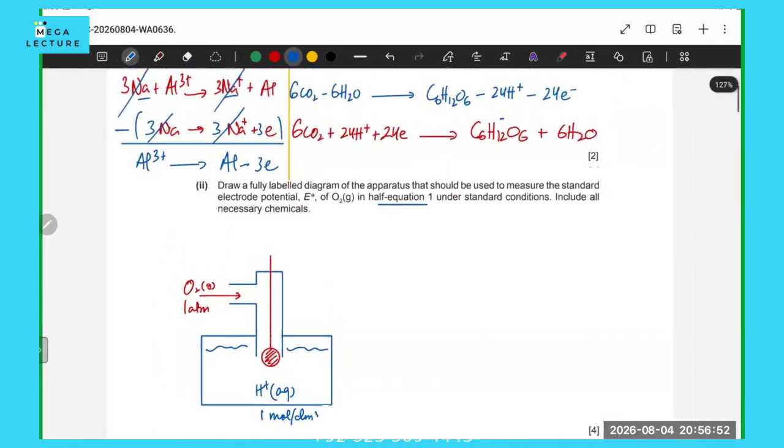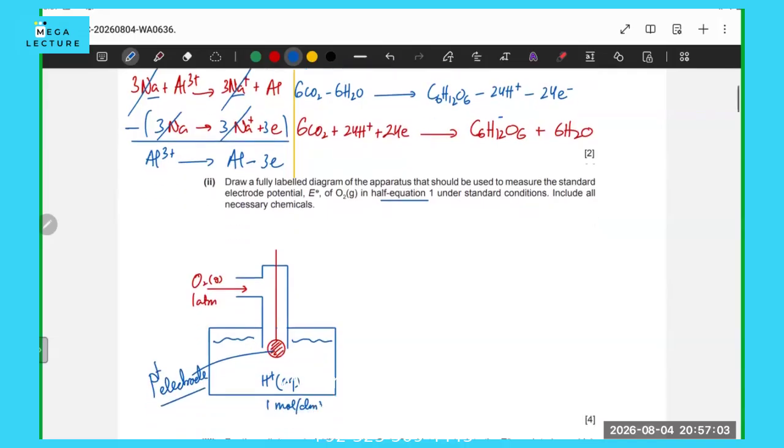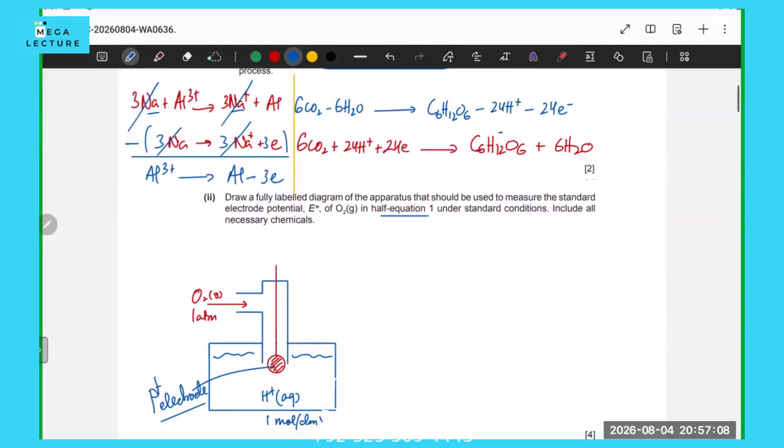So is this clear कि that's how इसको label कर लो? This is going to be your platinum electrode. ये clear है? Yes.